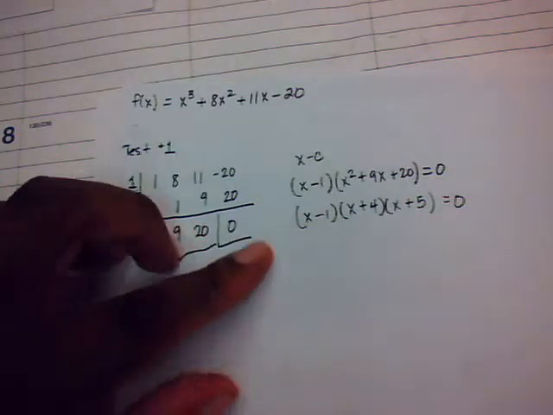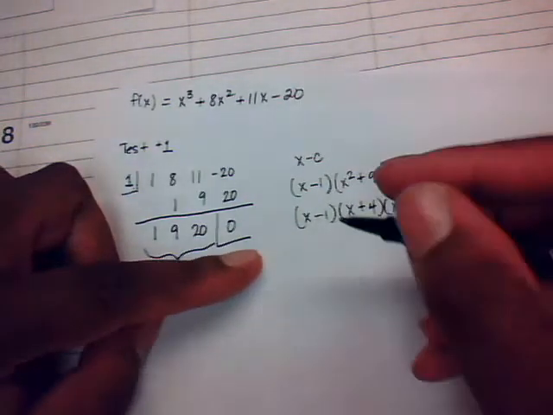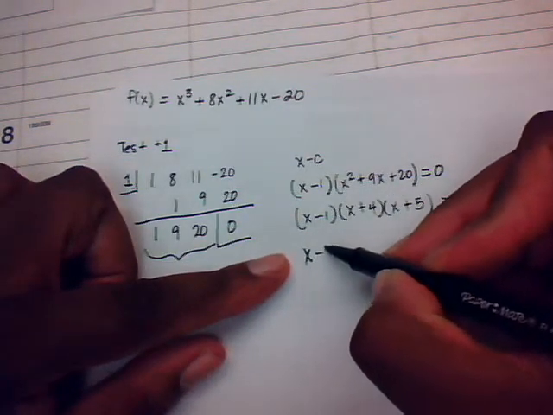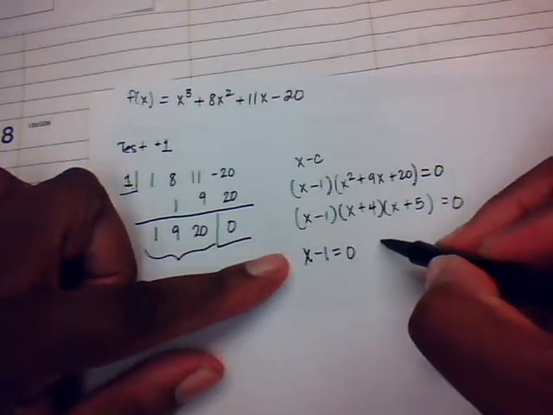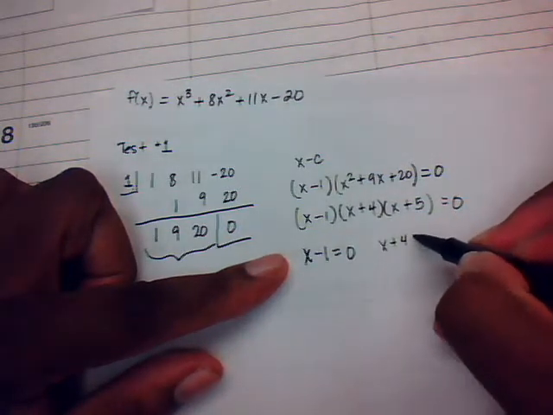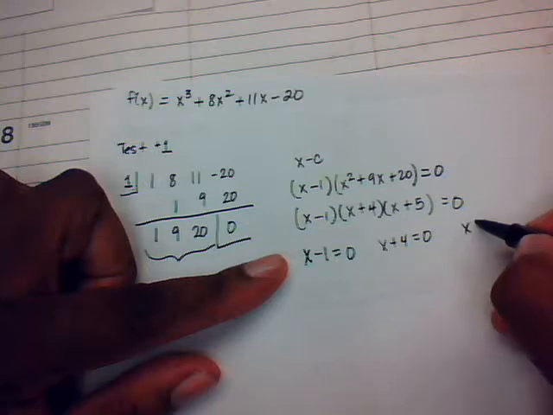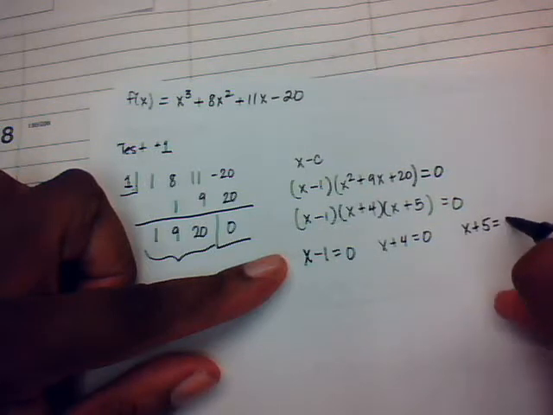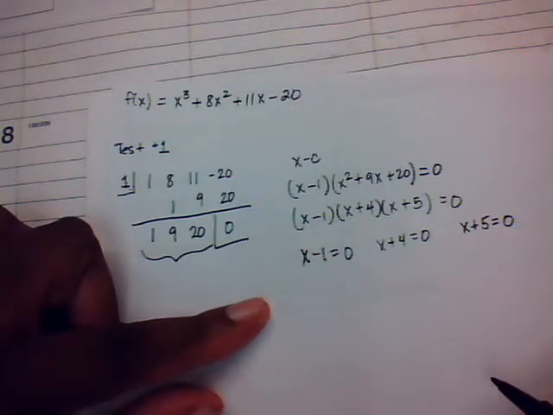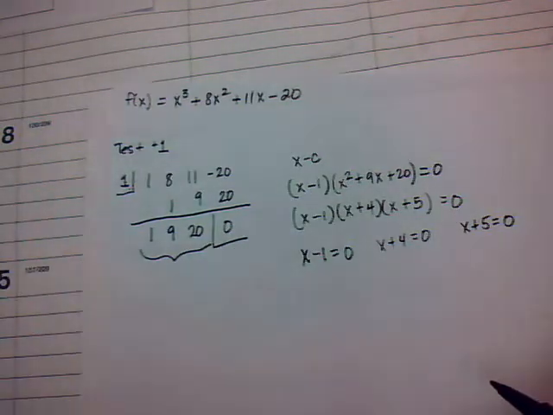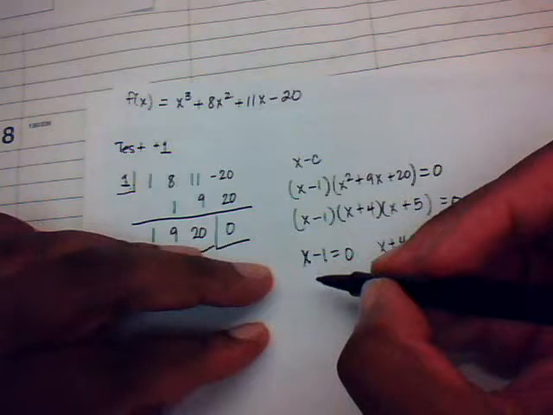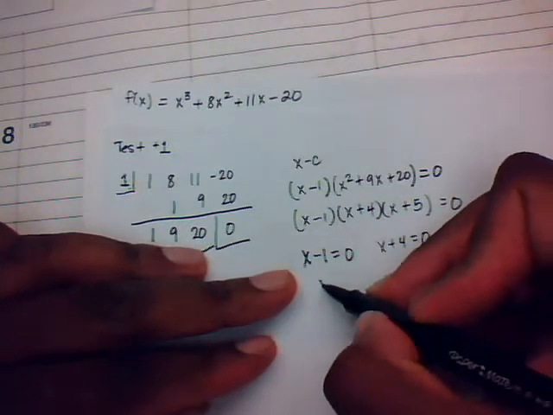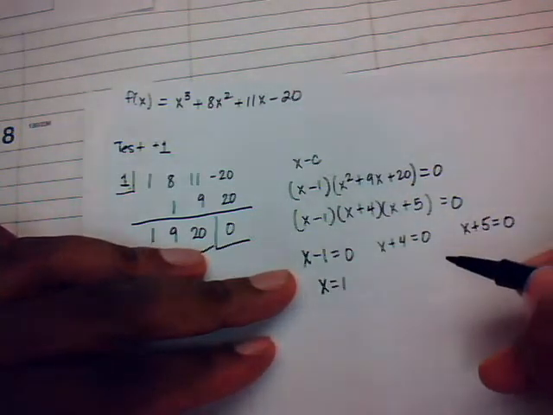And then we go ahead and set each binomial factor equal to 0. So we have x minus 1 is equal to 0, x plus 4 equal to 0, x plus 5 equal to 0. And then we go ahead and solve for x. For x minus 1 is equal to 0, we can say that x is equal to 1.